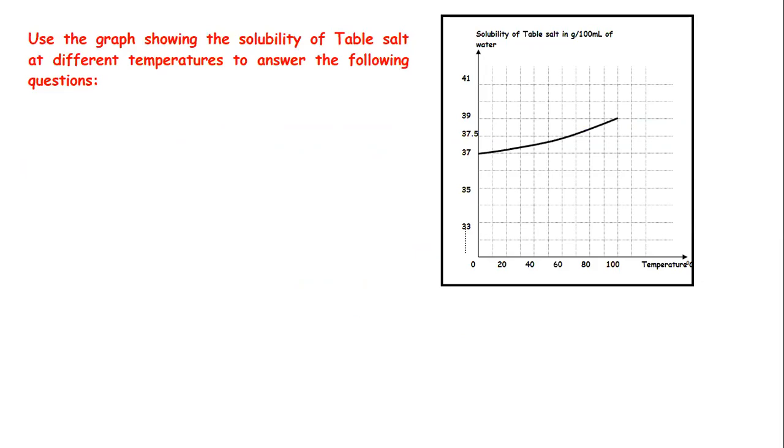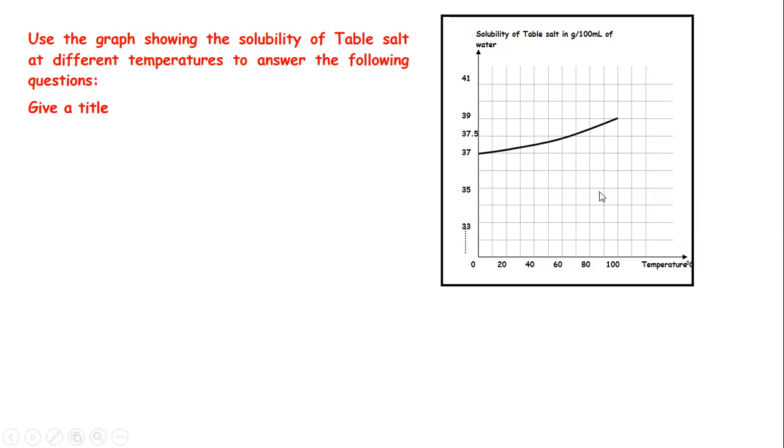Use the graph showing the solubility of table salt at different temperatures to answer the following questions. Look at the variation of the solubility of table salt in gram per 100 milliliters of water as a function of temperature. Question number 1, give a title.